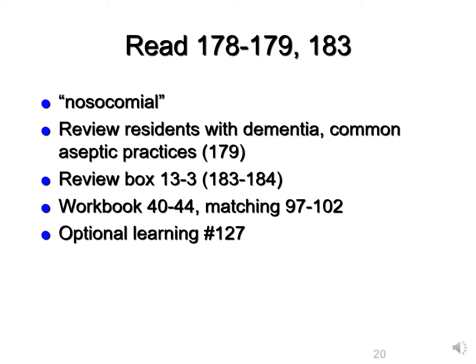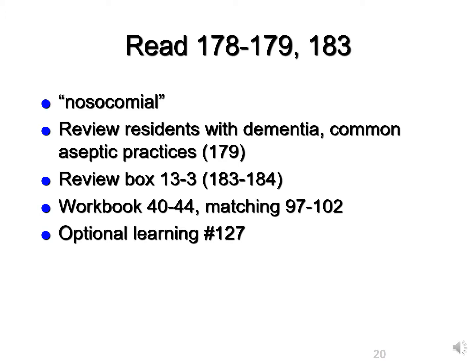So in review, you can read this information on pages 178 through 179 and page 183. The word we were looking at earlier, healthcare associated infections, is also called nosocomial infections. You need to go to page 179 and review common aseptic practices for residents with dementia.